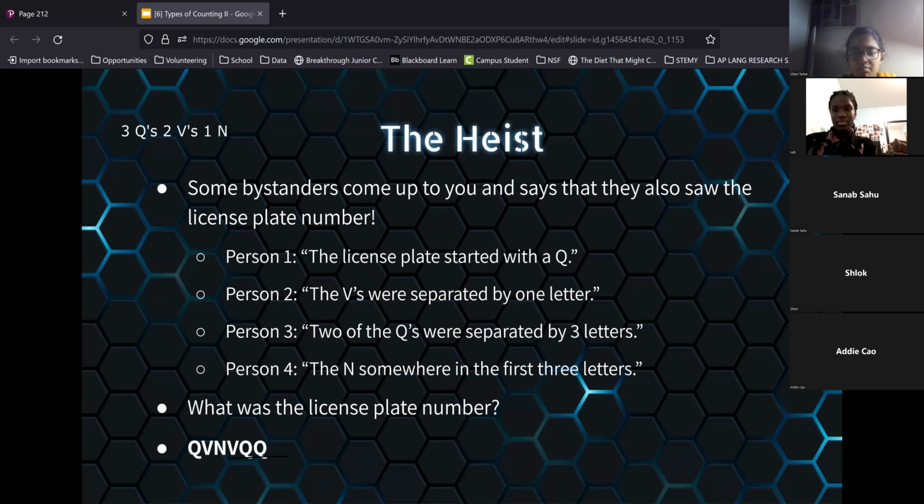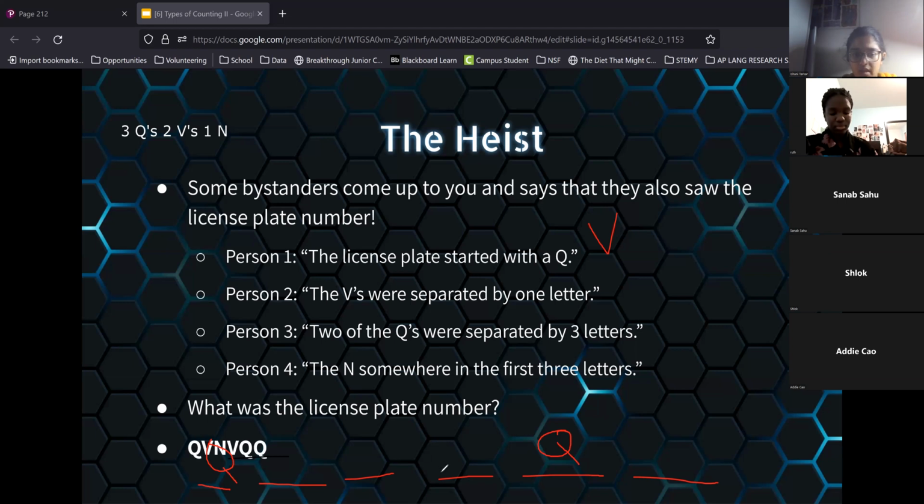Okay, yeah. Just to explain how you would get that, even though most of you did get it. So we know Q is at the beginning, and then the Vs were separated by one letter. So V blank V, V blank V, or V blank V here, right? So 2 of the Qs were separated by 3 letters. The one way for that to be is for the Q to be here and the Q to be here, but that didn't happen.